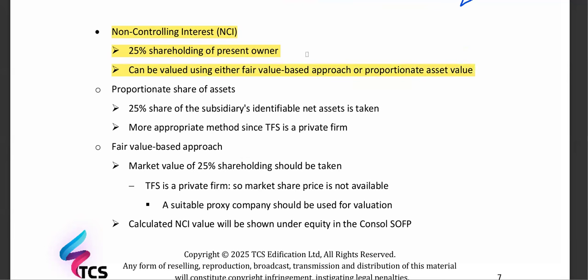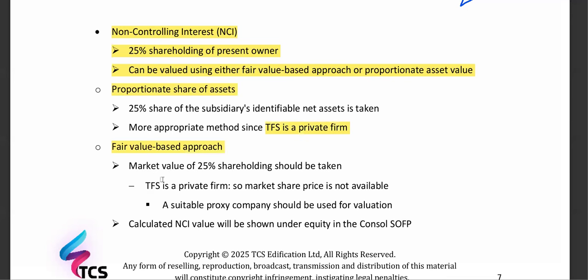Now, it is recommended that we use a proportionate share of assets here because TFS is a private firm. There is no market price for the shares of the subsidiary, that is TFS, and therefore we would not be able to apply the fair value based approach directly.